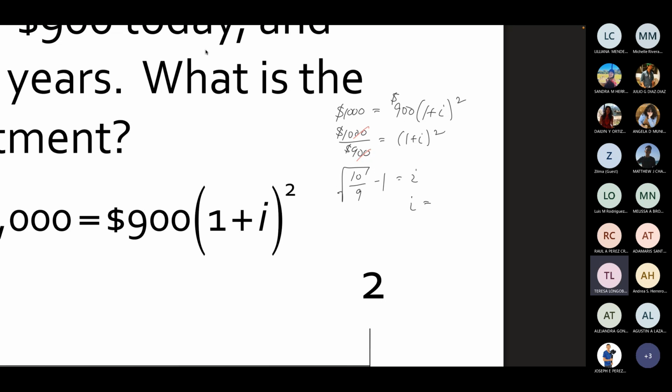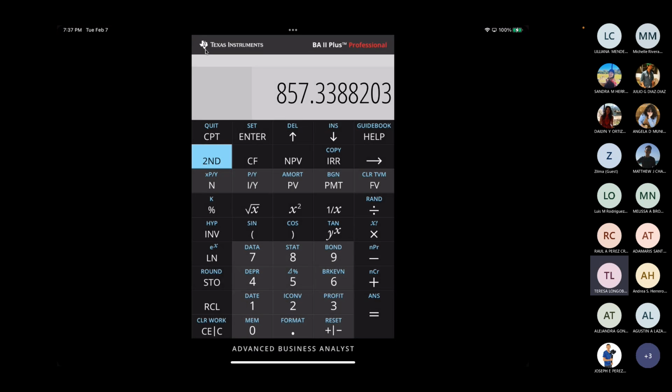I'm going to take 10 divided by 9, take the square root, minus 1, which is 5.409%. Let me do it again: 10 divided by 9, square root, minus 1.